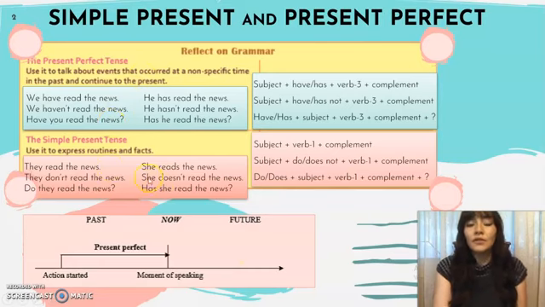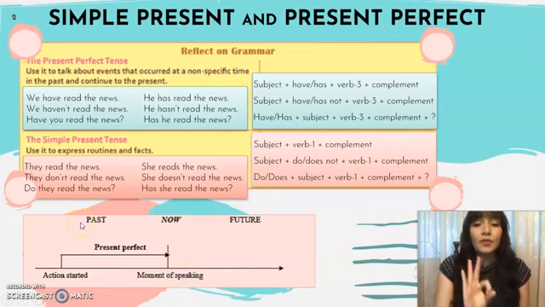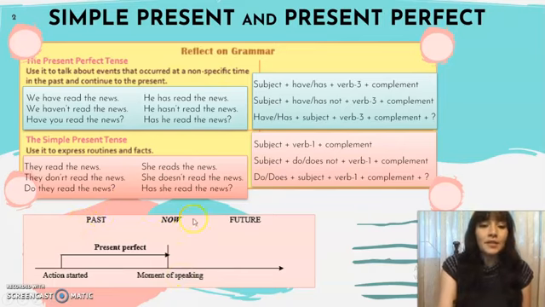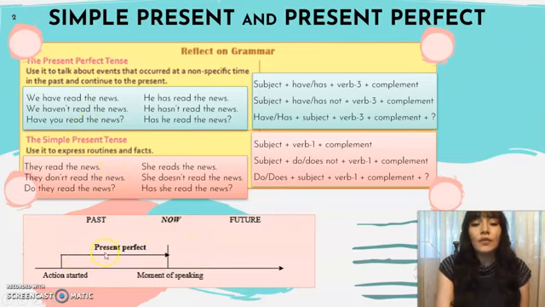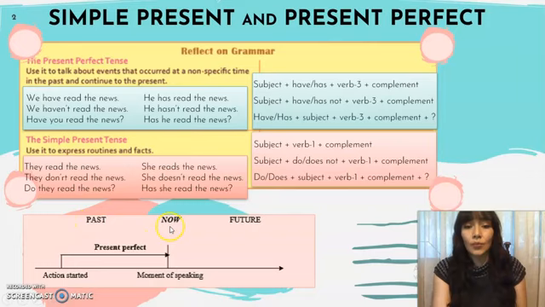To reinforce this idea, let's use this timeline. Here we have three parts: past, now, and future. But for the present perfect tense, we are just going to work with these two parts, the past and now.